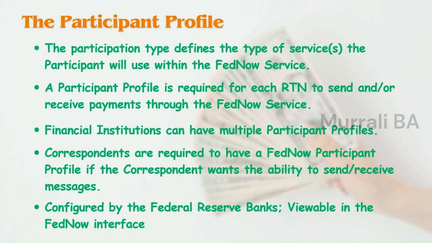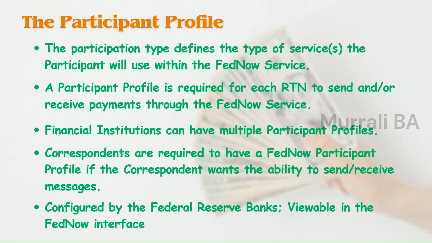Considering that your bank wants to provide the same service for all the branches, for each of the 10 RTNs you will have 10 RTNs, and all these 10 RTNs should have an individual participant profile.